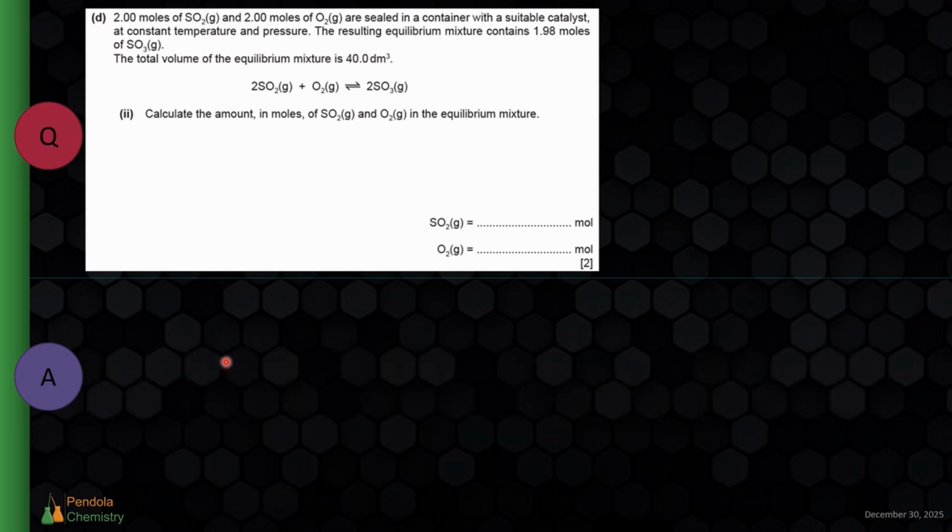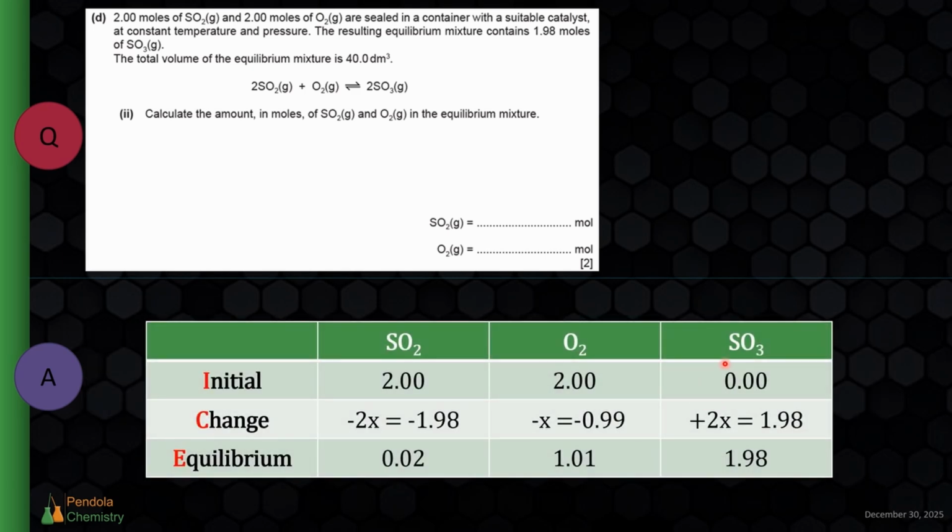So we're using the AICE table. We're going to use the one that we have both the initial and equilibrium concentrations or moles for, to figure out what the change is going to be. So 0 to 1.98 is positive 1.98.